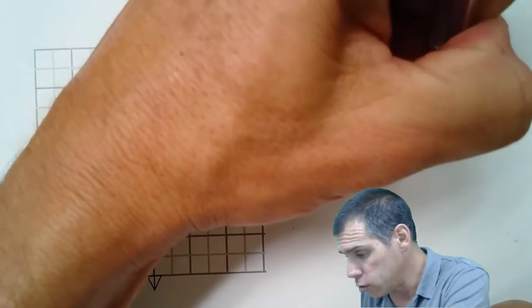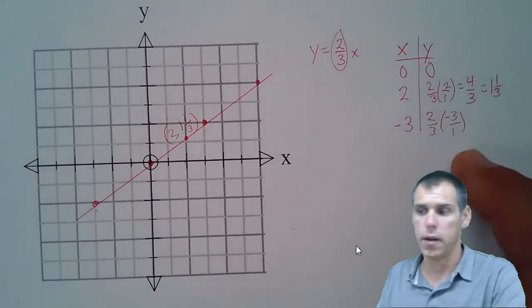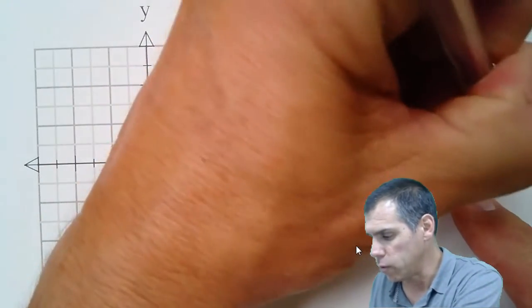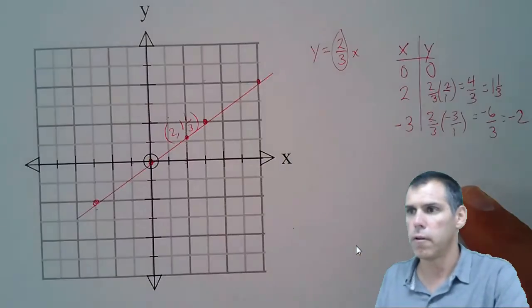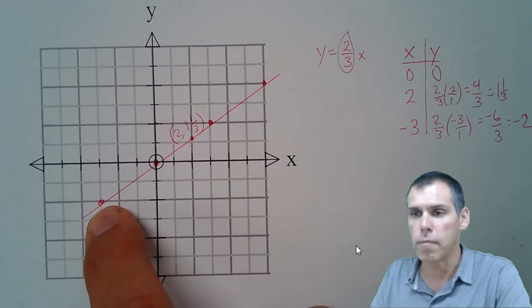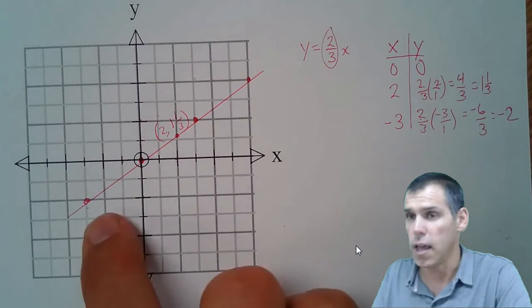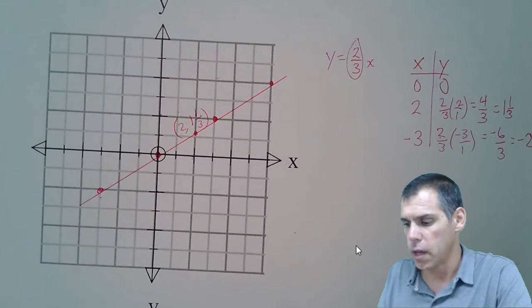So if I have 2/3 times negative 3, and I'll put negative 3 over 1, that would be 2 times negative 3 is negative 6, and 3 times 1 is 3, and negative 6 divided by 3 is negative 2. So there it is, negative 3, negative 2, right there. That point told me, yeah, that's going to work in the equation, and it'll give me a true statement.